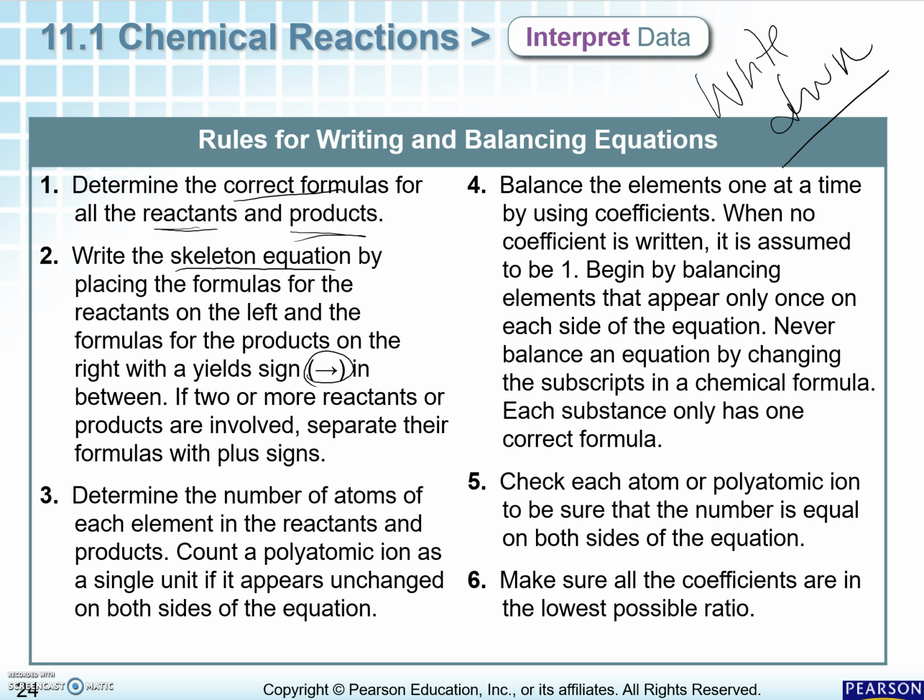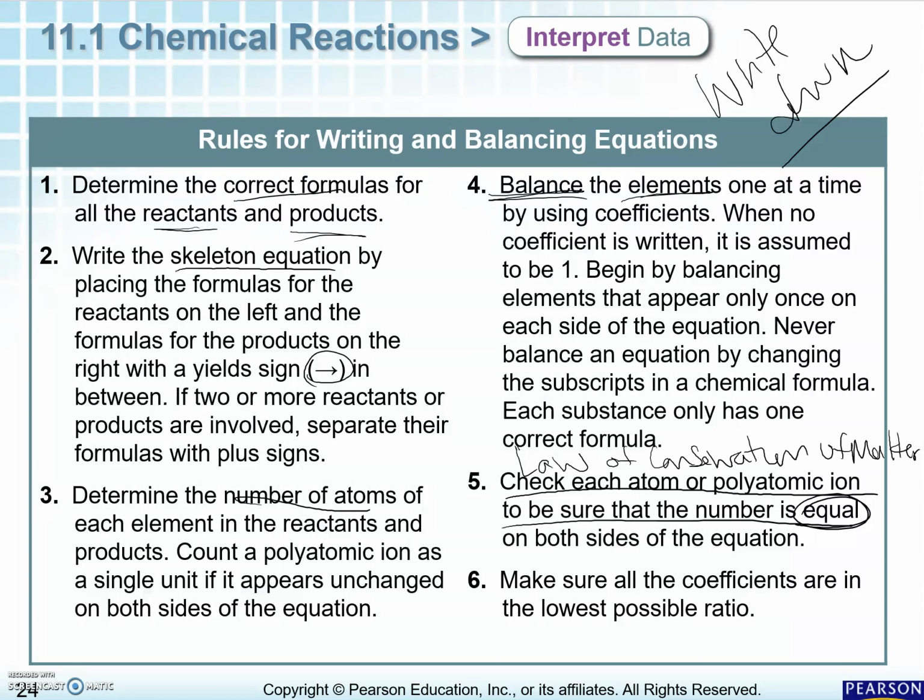You're also going to then determine the number of atoms of each element in the reactants, followed by the product side. Then you will start to balance elements, one at a time using those coefficients, just like we did in the last example. Then we check to make sure all of our numbers are equal, because that has to follow the law of conservation of matter.